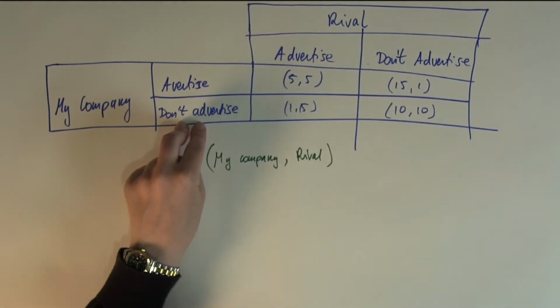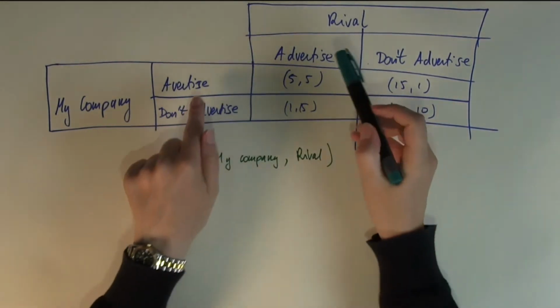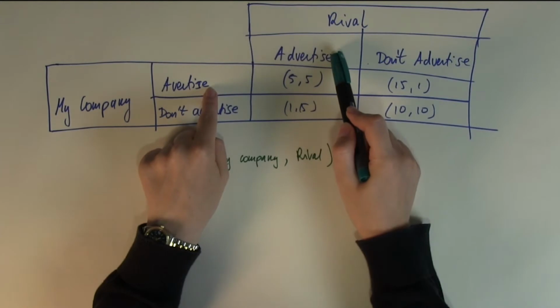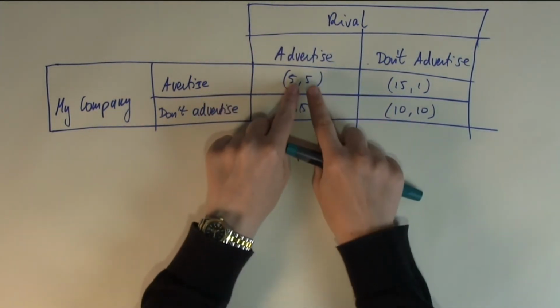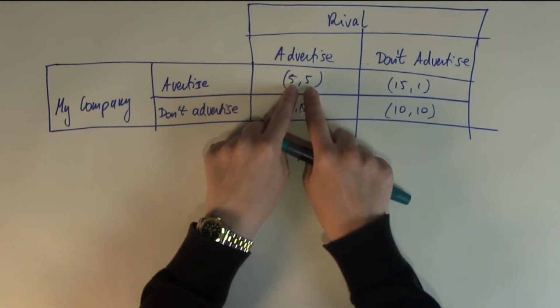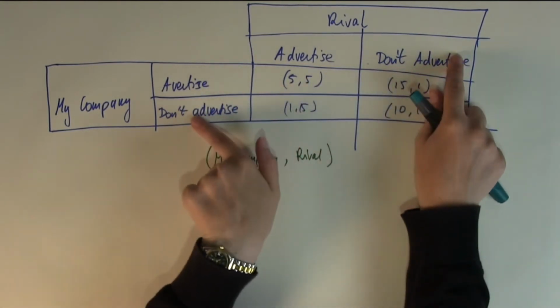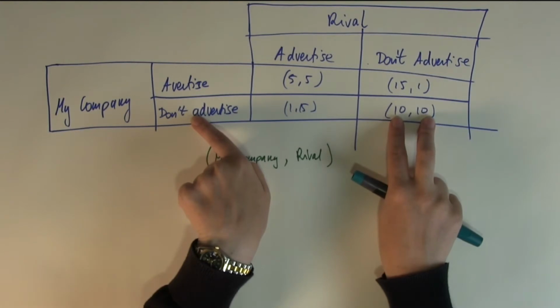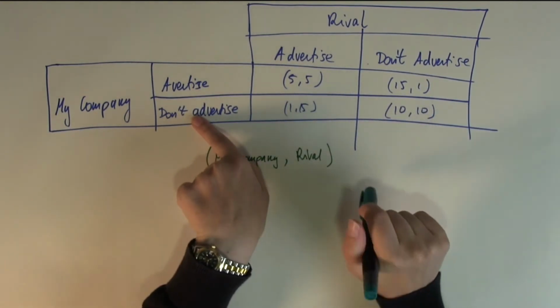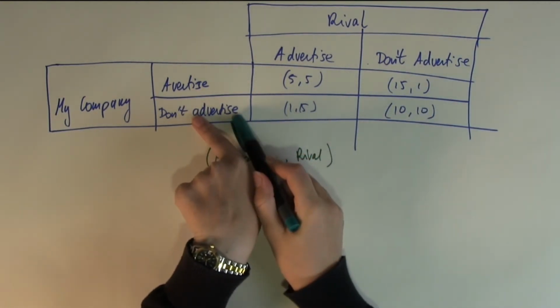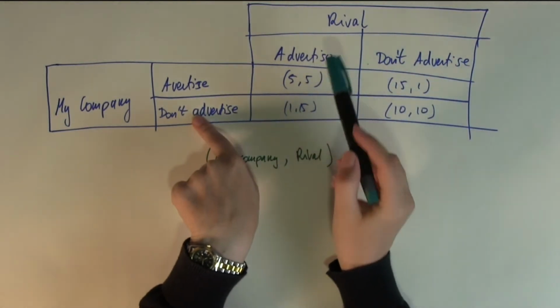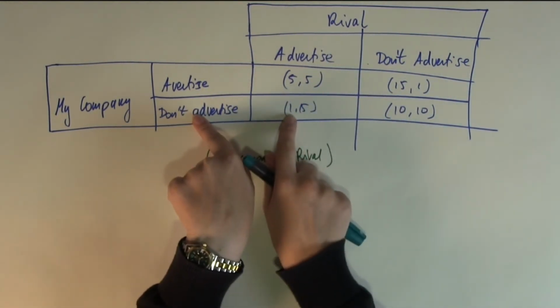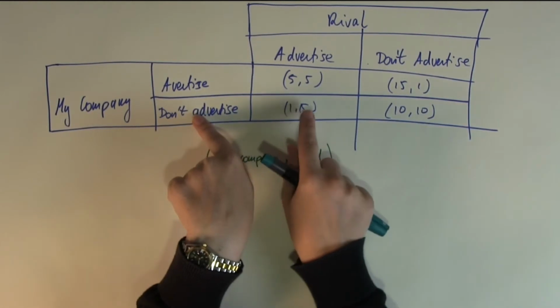So what is going on in here? If both of us are advertising, both of us earn 5 million. If neither of us advertises, we both earn 10 million. Whoever decides not to advertise while the other one is advertising only gets 1 million, while the person who is advertising gets 15 million.